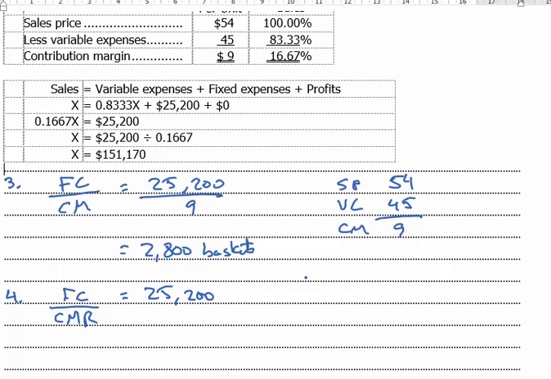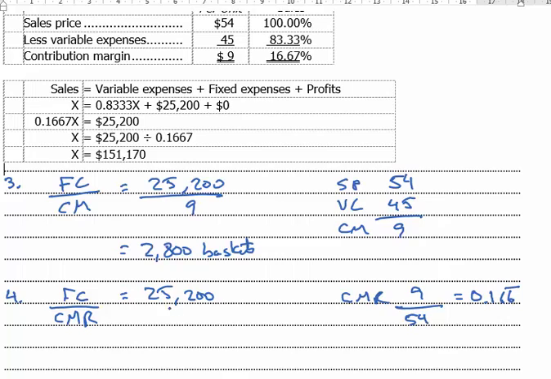Contribution margin ratio was the contribution margin divided by sales, or selling price in this case, and it is 0.1666 repeating.